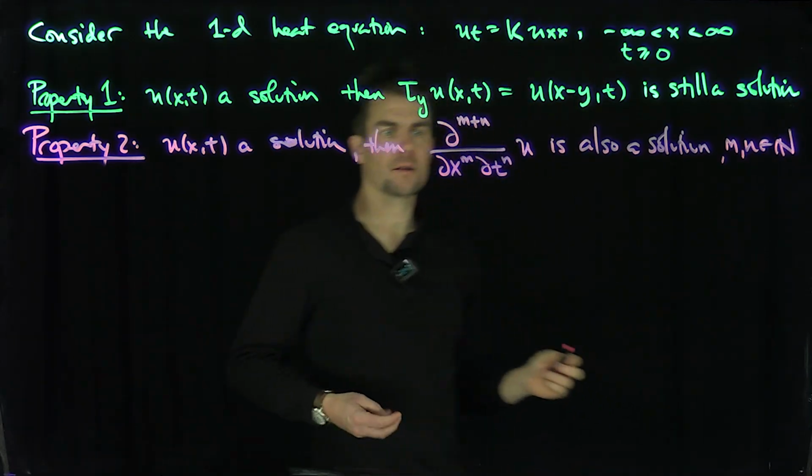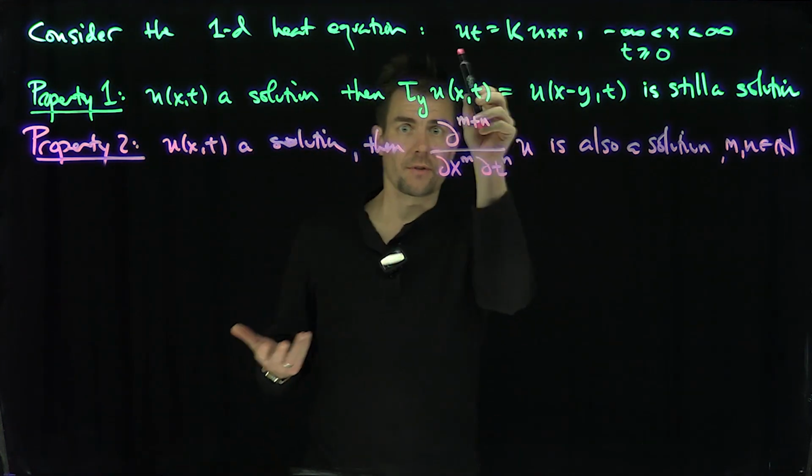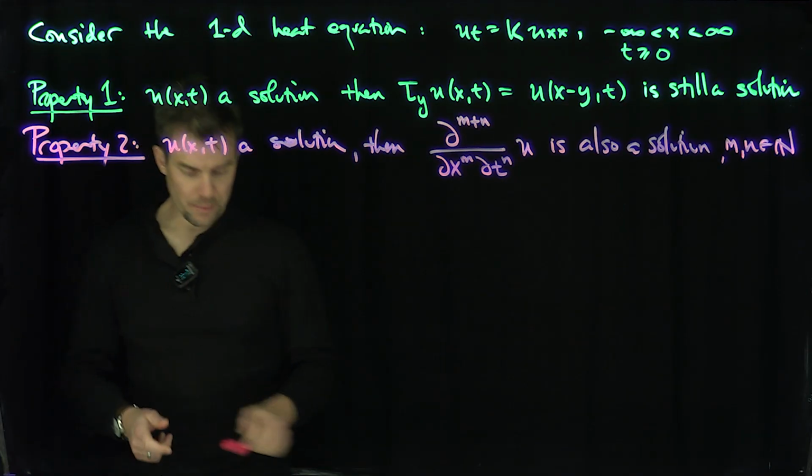Any derivative of a solution is still going to be a solution. That's just clear because I can differentiate the equation at will, right? Good, that's property 2.